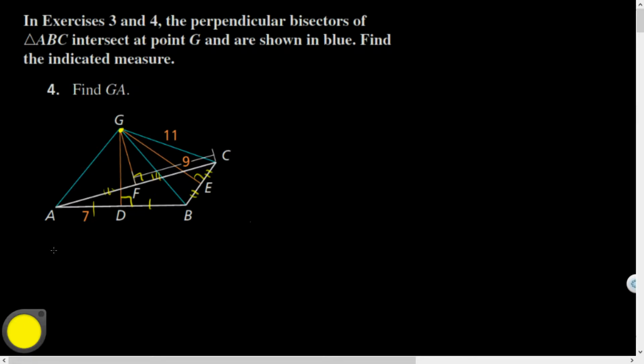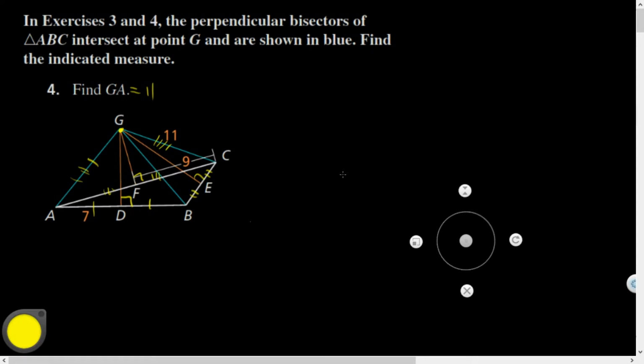One of the interesting things about these is that the circumcenter is equidistant from A, B, and C, so that means this segment is congruent to this segment, and this would equal 11 by definition of congruence.